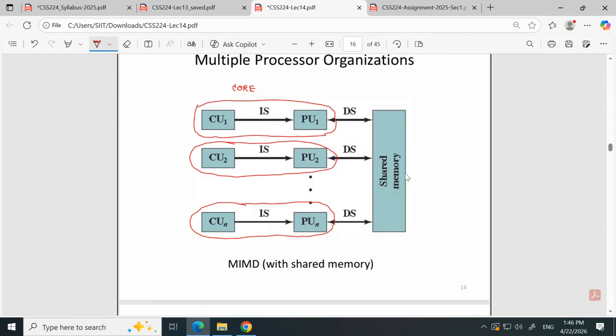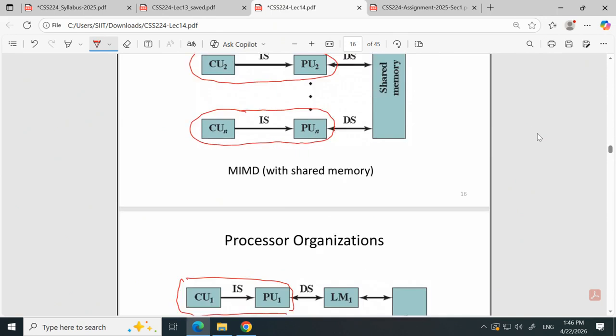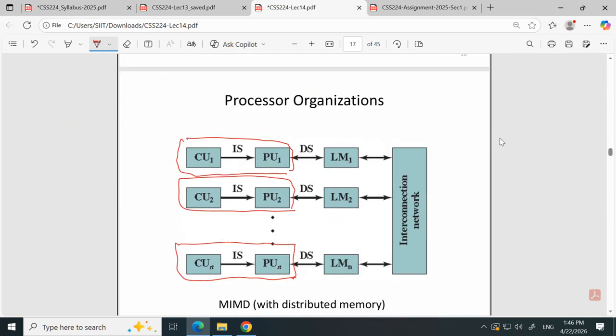They also share memory, but they are connected together to an interconnection network.